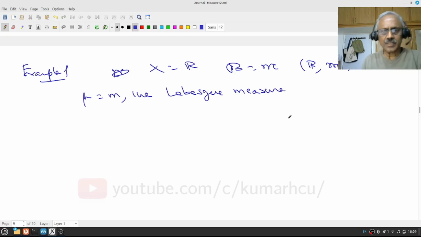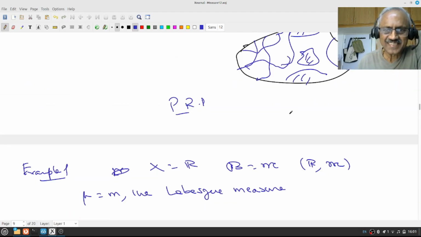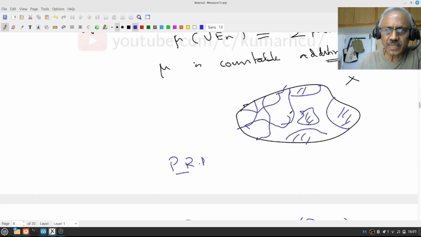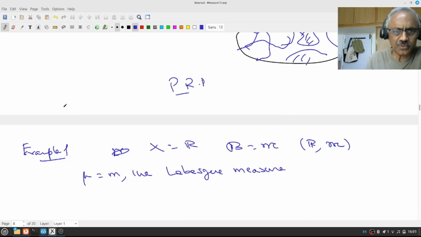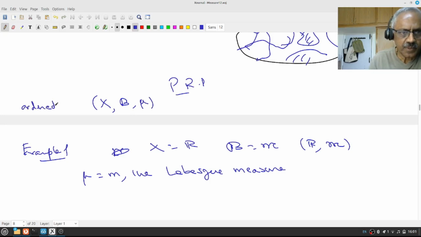Whatever you have done so far is captured in this particular example. There is one more definition I should have given. If I have a measurable space (X, B) and a measure mu on that, this ordered triple is called a measure space.